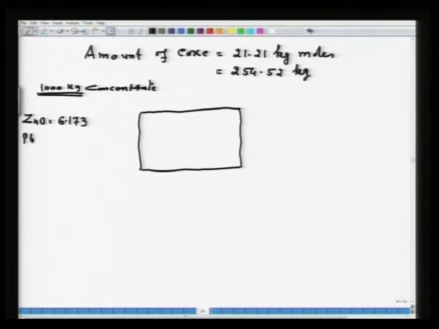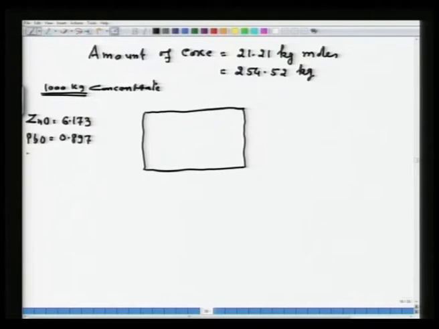Lead oxide 0.897, FeO 2.778, SiO2 1.667, and the input temperature I am taking at 1100 Kelvin.